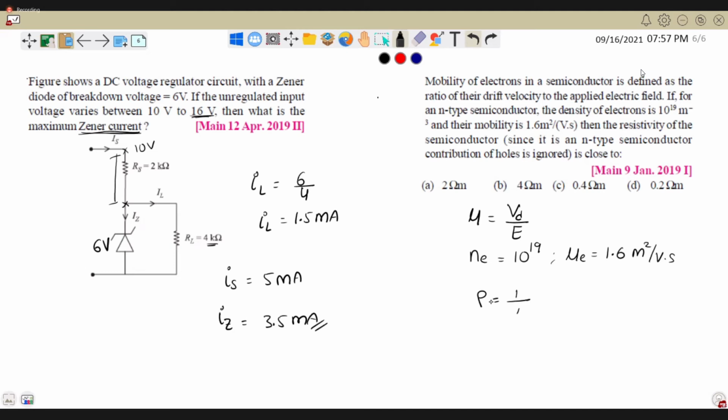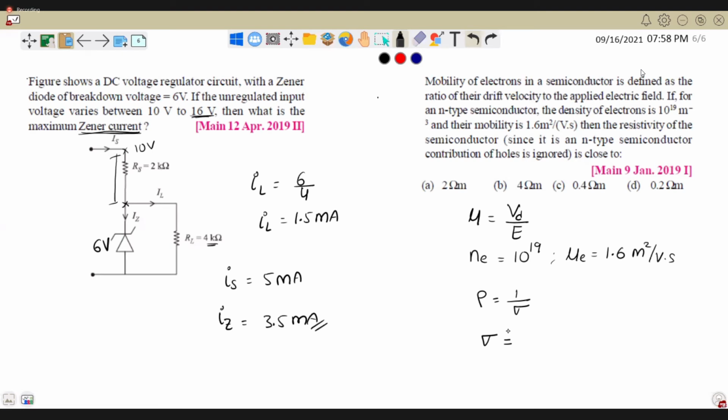Right? So I told you the formula, sigma is equal to Ne e vd divided by E, density into charge. General formula. Again, you look at your semiconductor formulas.